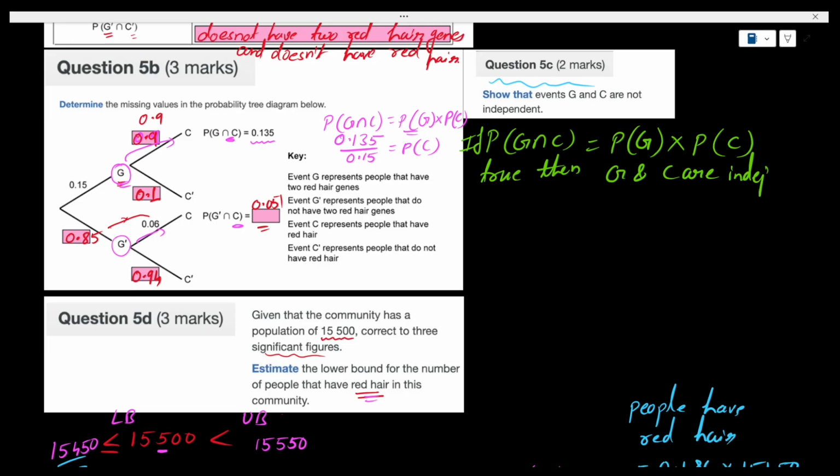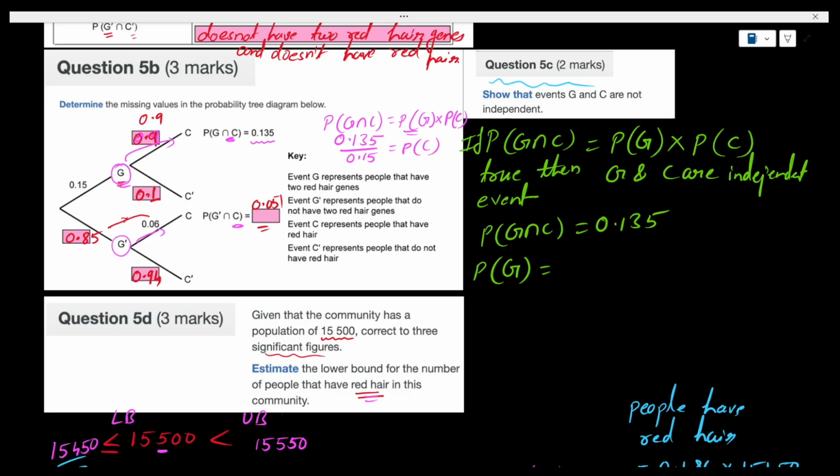This is the rule to check whether they are independent events or not. So here we already have P(G intersection C). You got it as 0.135. And what is the probability of people having here?